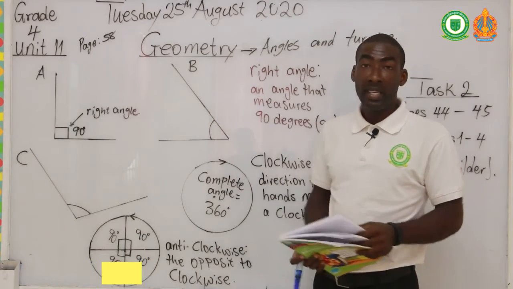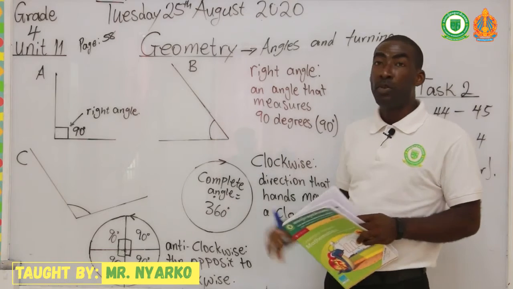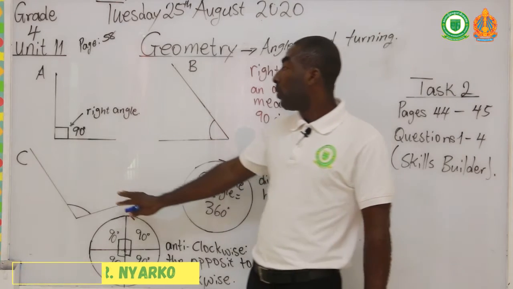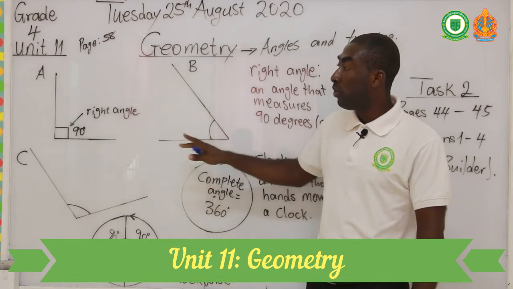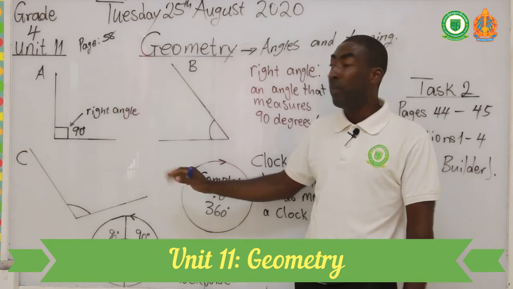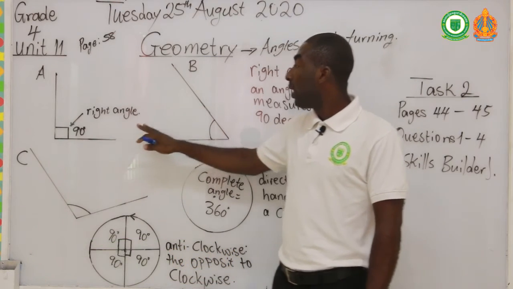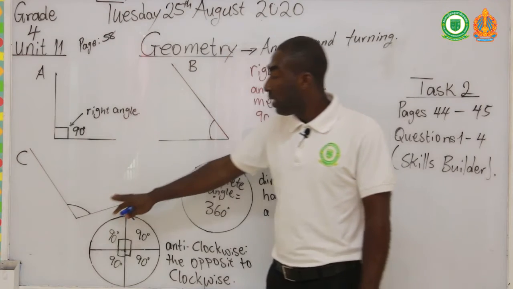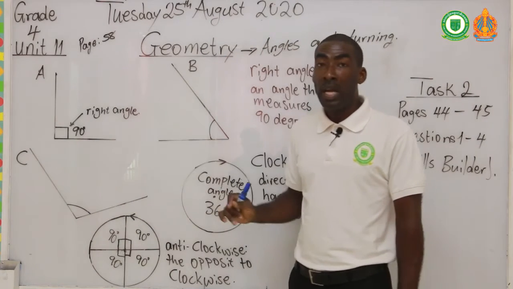But before we go to our second activity, there is something that I have to also enlighten you about. Basically, we use a protractor to measure our angles. If you look at this shape of 90 degrees, it is bigger than this angle, and this angle will also be bigger than these two angles.